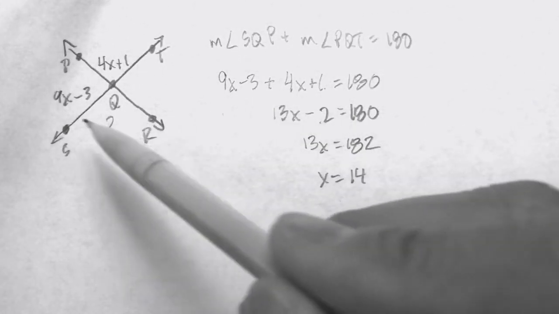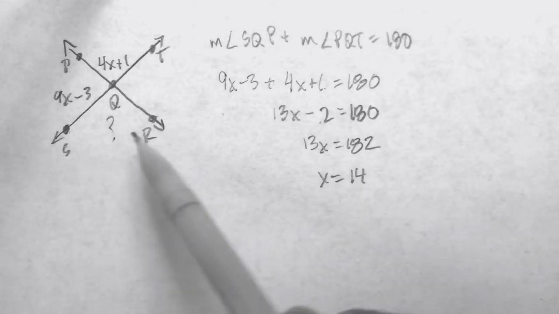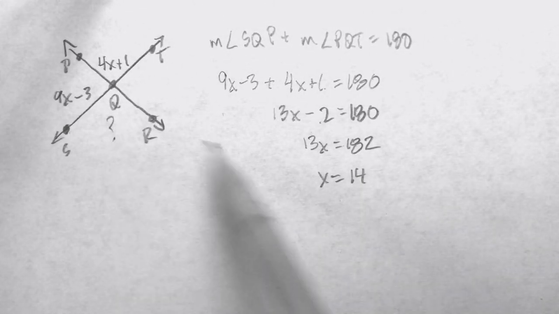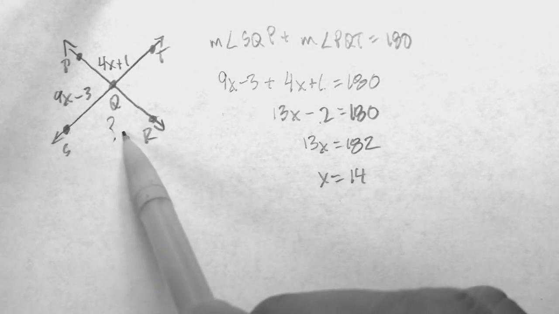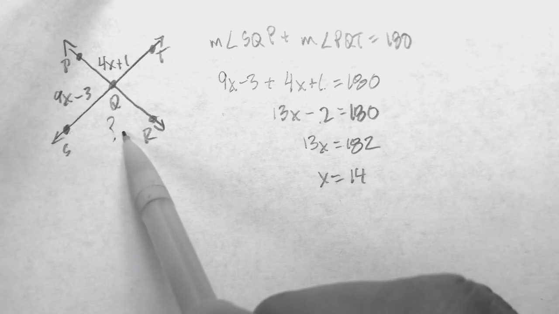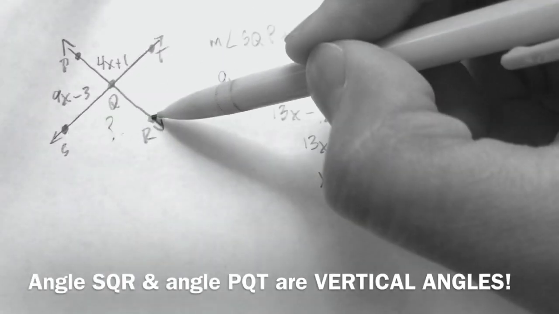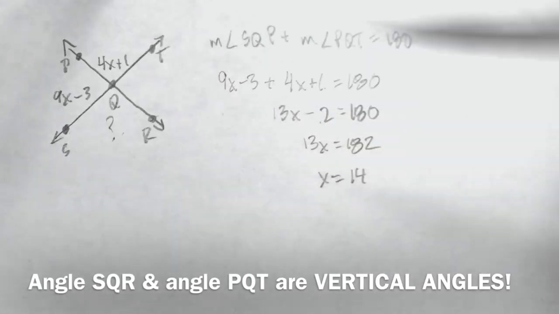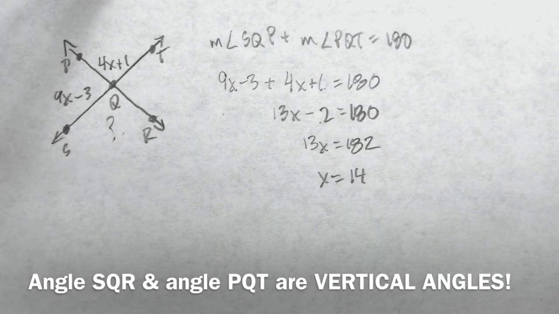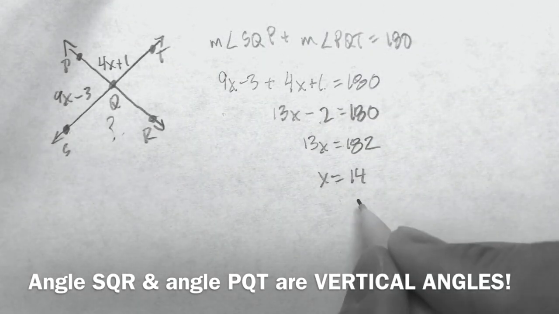Here, again, we want to find SQR. Notice that we can't exactly plug x in, but SQR and PQT are vertical angles, which means their measures are exactly the same.